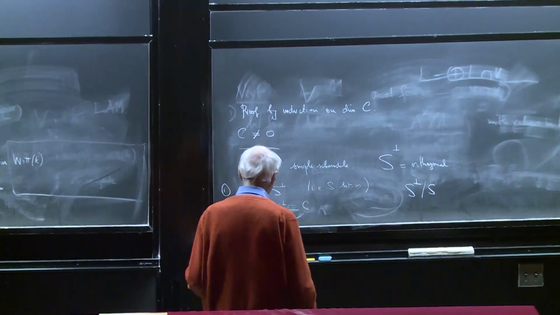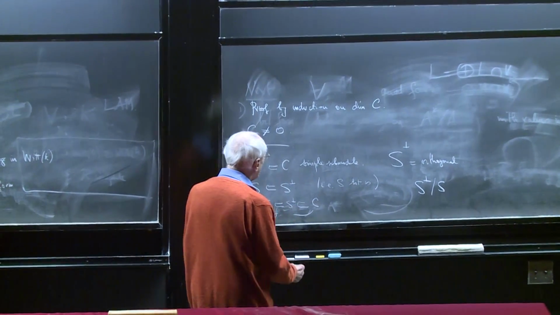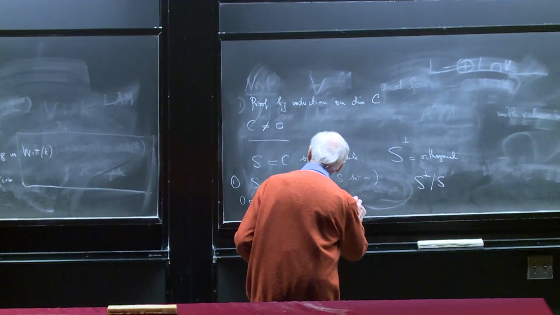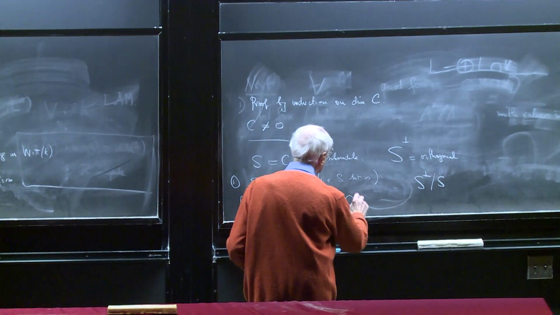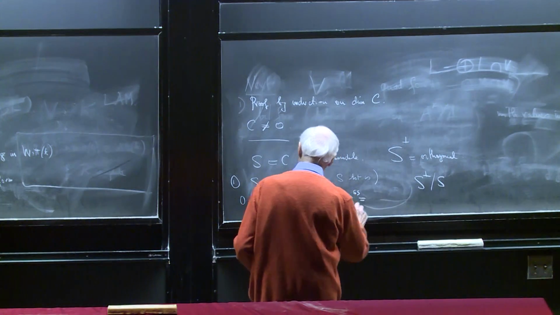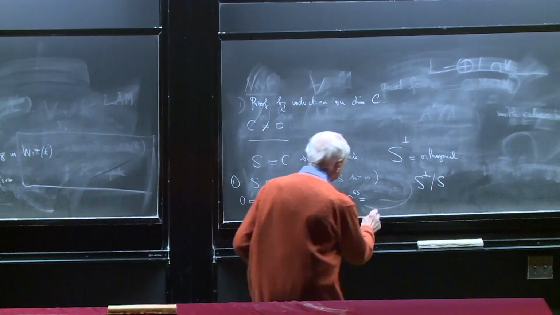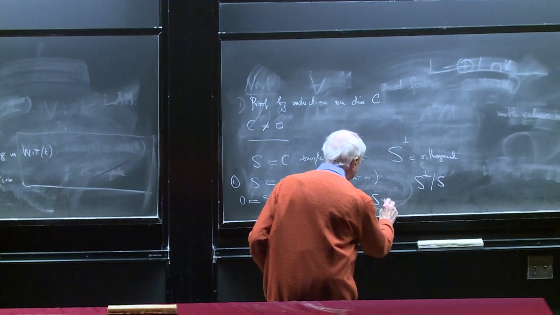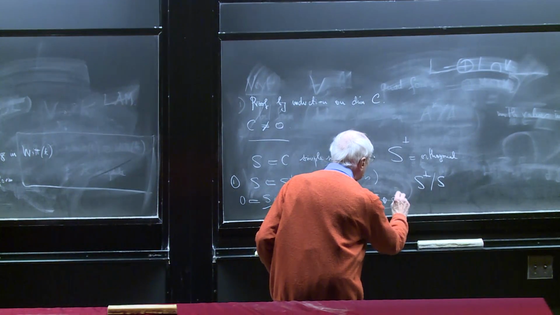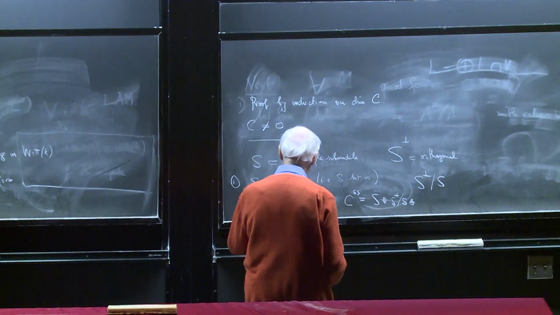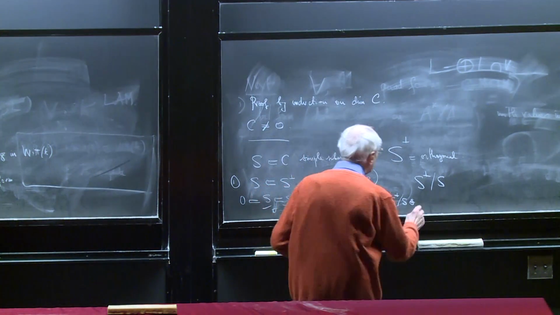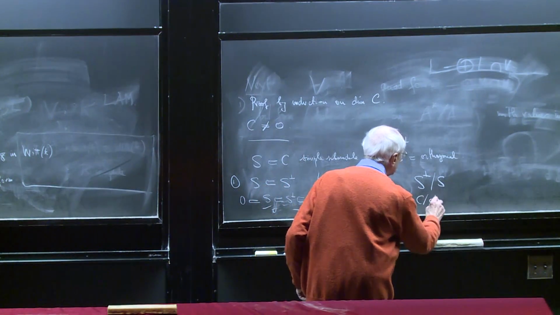On the other hand, I should have written the C semi-simplified. Because of that, it will be the direct sum of S-orthogonal over S and C over S-orthogonal.